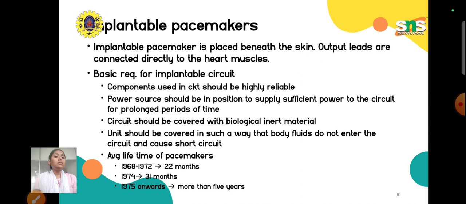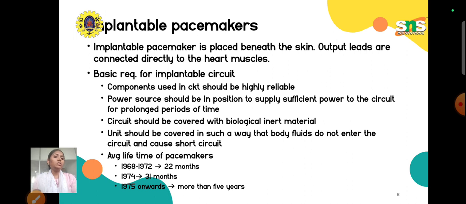The second one is the type of power source. It should be in a position to supply enough power to the circuit for a prolonged period of time. The reason is that since it is placed inside your body, you cannot easily change the battery, like once in 1 year or 2 years.